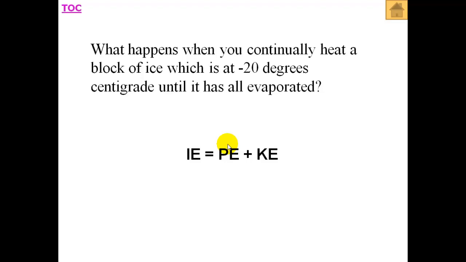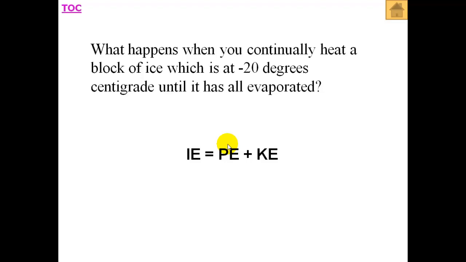Now, we are faced with a way of looking at what happens when a liquid or a frozen substance is heated. So what happens when you continually heat a block of ice, which is at minus 20 degrees centigrade, until it has all evaporated? We have to think in terms of the energy that's inside the ice.